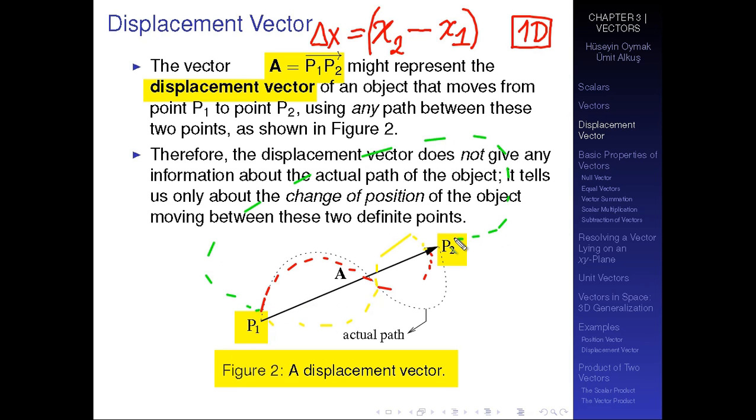In other words, the displacement vector is independent of the path. As you will see in the next chapter, the magnitude of the displacement vector will be called distance, and that of velocity, speed.